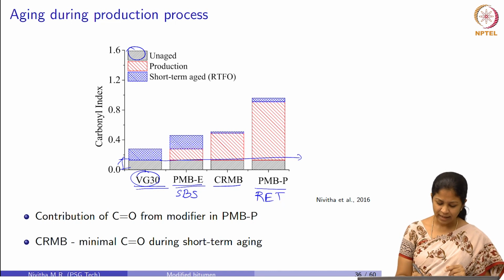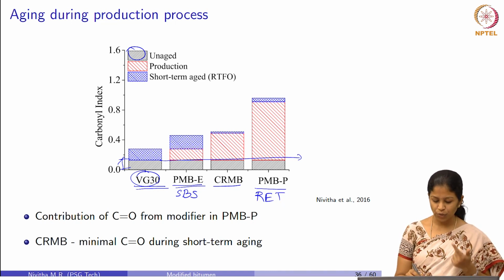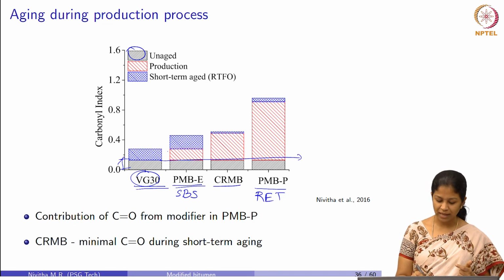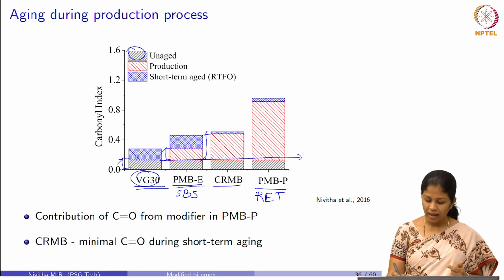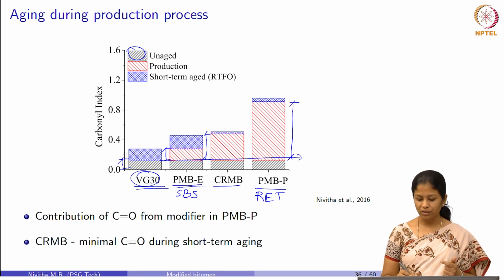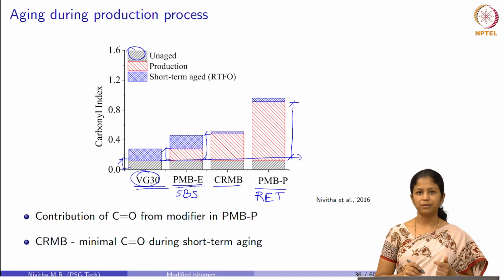So, we can see that there is a small increase in the carbonyl index during the production process for PMB elastomer. We can see this is the increase during the production process. We can see what is the increase during the production process in the case of crumb rubber, and we can also see what is the increase during the production process in the case of plastomer modified bitumen.